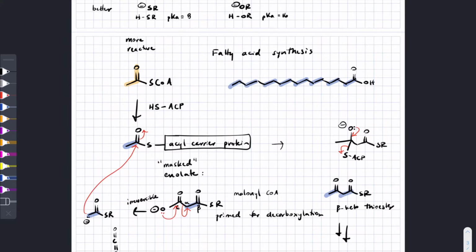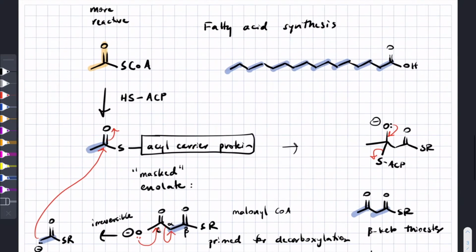All right, questions about that? You highlighted the two carbon chains in blue. Where did those come from again? The 2 carbon chains, 2 places. Let's see. Maybe I should use different colors to be more precise.